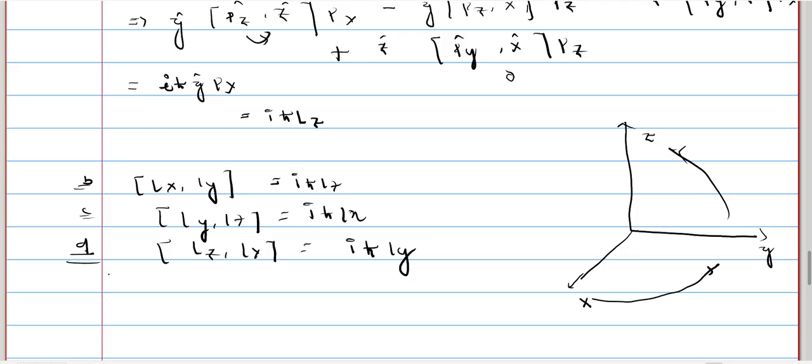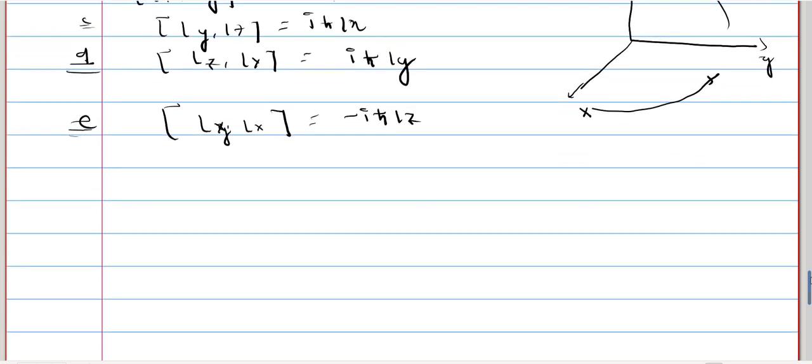And also you can reverse. What reverse? Ly, Lx equals minus iota h cut Lz. Similarly, you can write this also.